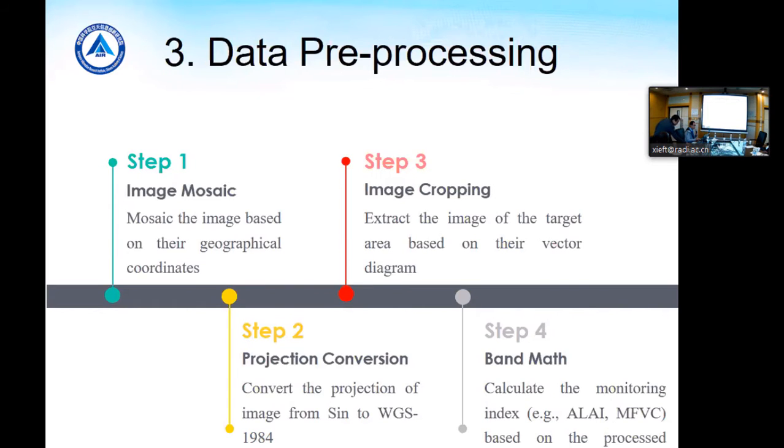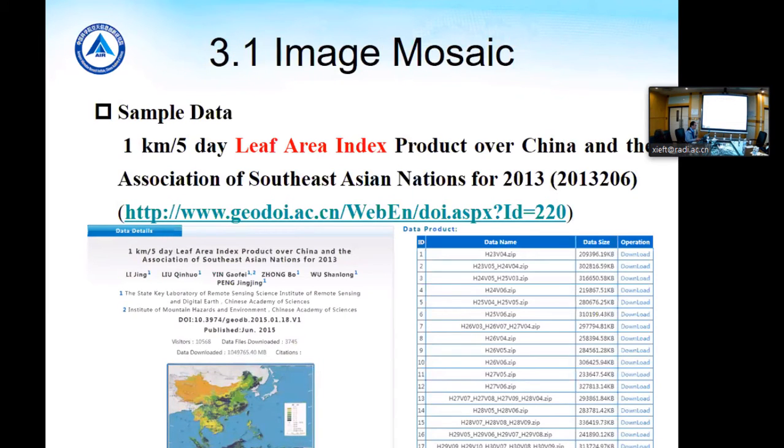Step 3 is image cropping. The target area is extracted based on the vector diagram. Step 4 is band math. The desired monitoring indexes such as LAI and FVC can be calculated based on the images processed by steps 1 to 3, using this band math method.